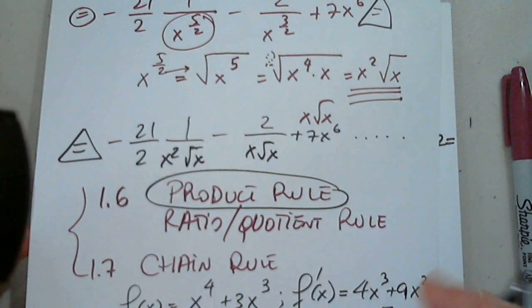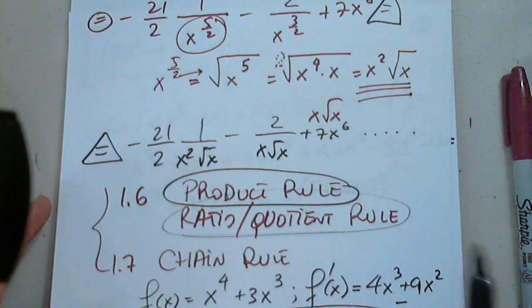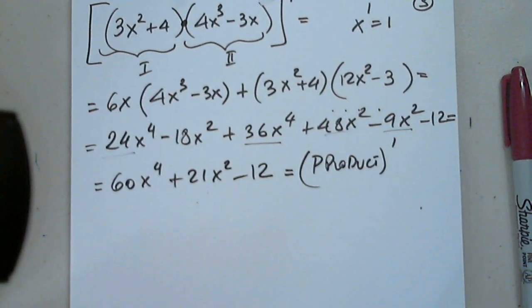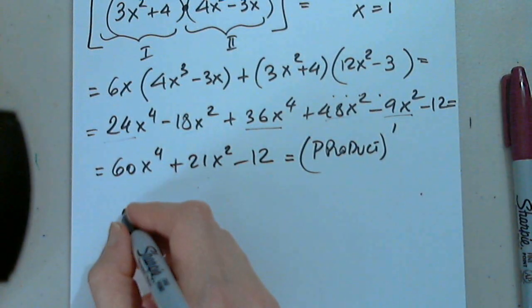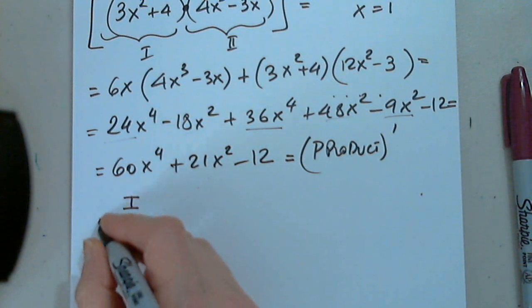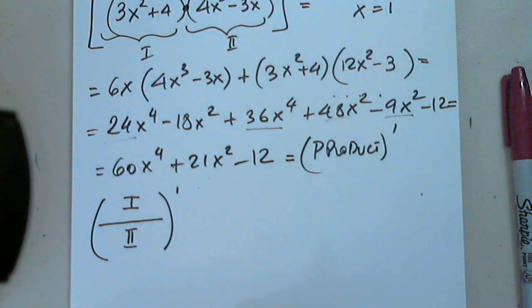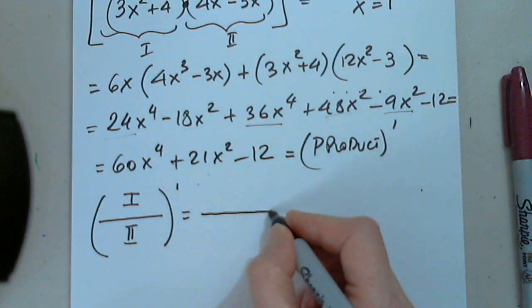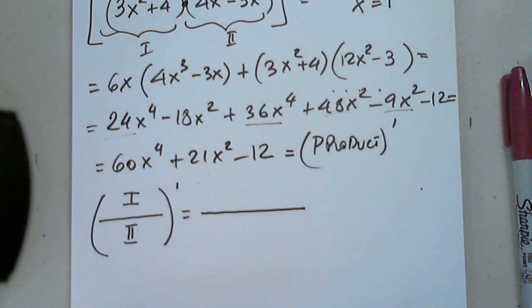Okay, I also would like to introduce the ratio or the quotient rule. And then we'll pick problems, you'll pick problems that you like. So now the quotient is first function over the second function, prime. This will be our quotient rule. This will continue to be a quotient.